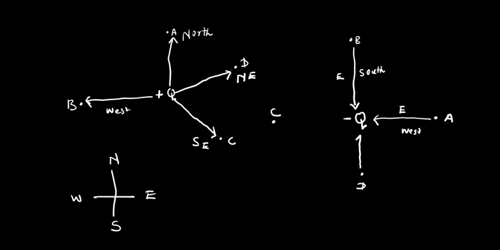This is the electric field. And that is in the north direction. So it's also going to move from C to the charge. That is in the east direction. That's your electric field. I hope that is well understood.